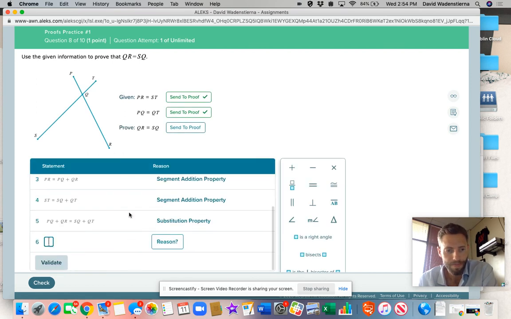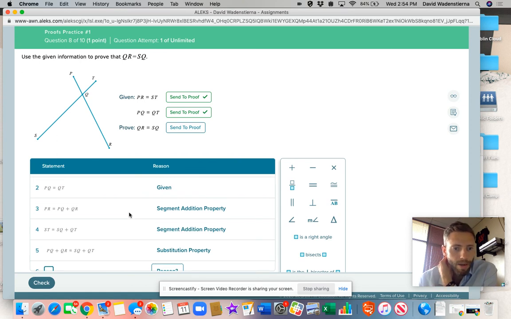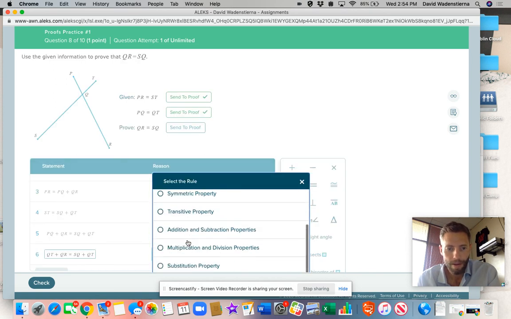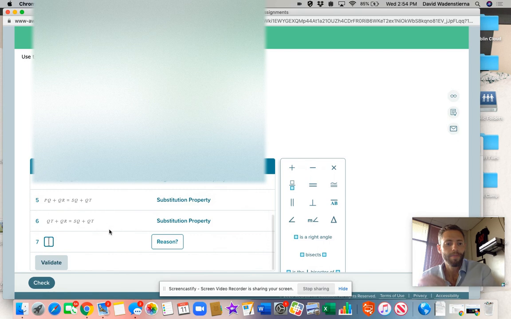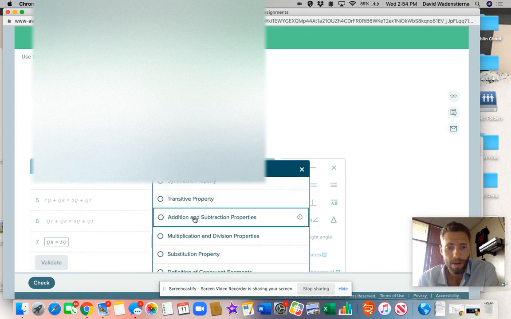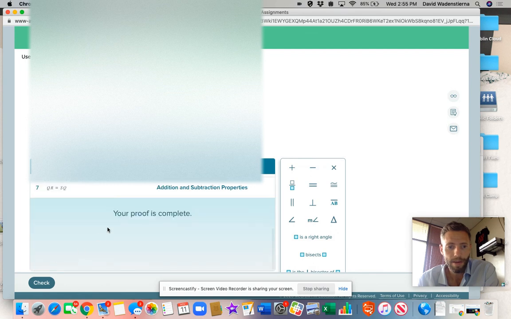I'm trying to show QR and SQ, but I also know PQ and QT are equal from step 2. So I'm going to replace PQ with QT through substitution, and rewrite the rest of it. Then if I subtract QT from both sides, they will cancel, and I get what I want, which is QR equals SQ. The reason would be subtraction, because I subtracted QT from both sides. Addition and subtraction property, validate, and there we go.